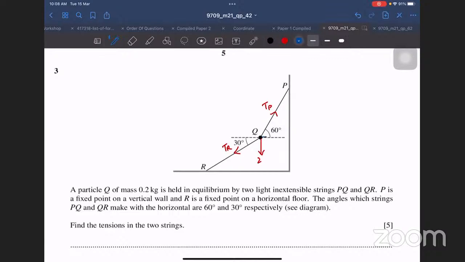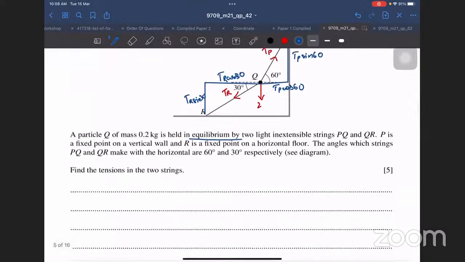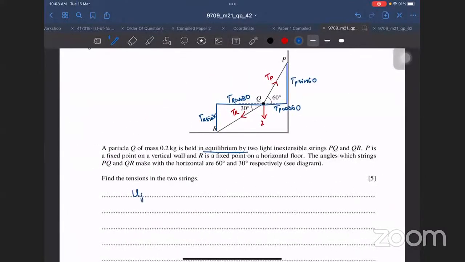If I resolve these two tensions, I get TP sine 60, TP cos 60, TR cos 30, and TR sine 30. Since there's equilibrium, I'm going to say that up equals down and left equals right.